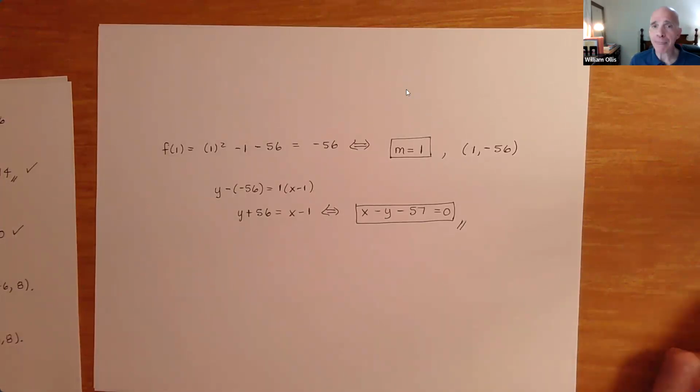I hope that these theorems will be something that you can find fairly straightforward. Remember, just like the EVT and Fermat's theorem, these theorems give you existence. And Fermat's is really neat because it says that if a function has a relative extremum, it must occur at a critical number.